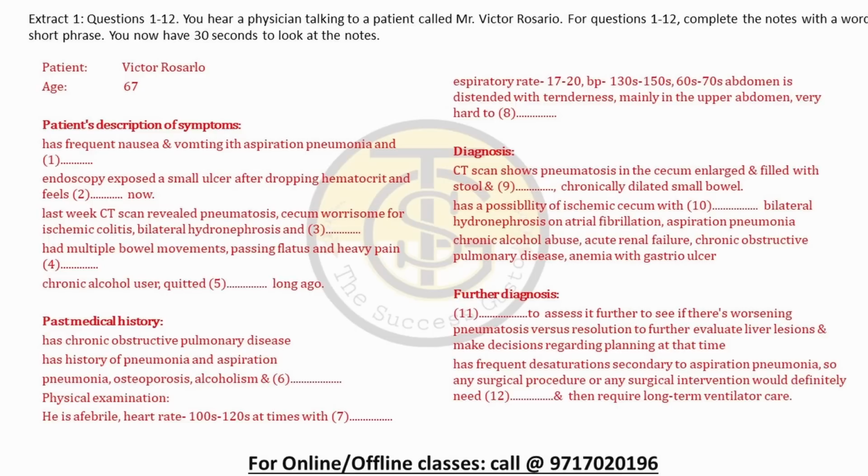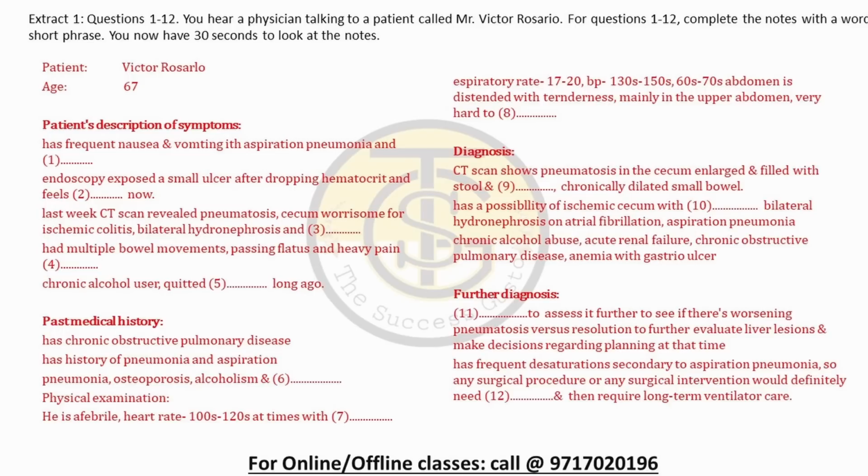The CT scan shows pneumatosis in the cecum, with an enlarged cecum filled with stool and air fluid levels with chronically dilated small bowel. There is a possibility of ischemic cecum with possible metastatic disease, bilateral hydronephrosis on atrial fibrillation, aspiration pneumonia, chronic alcohol abuse, acute renal failure, chronic obstructive pulmonary disease, anemia with gastric ulcer.